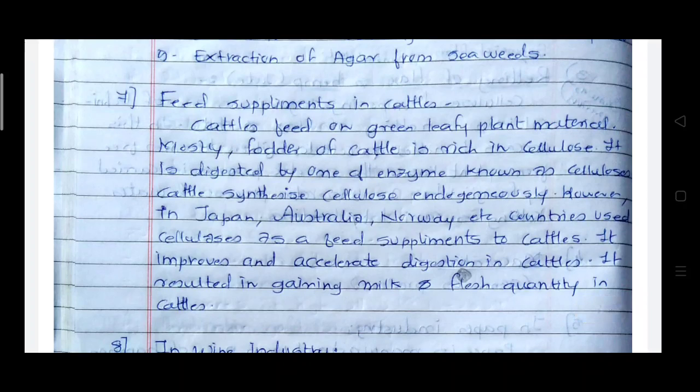So countries like Japan, Australia, or Norway provide food supplements of cellulase, which is ultimately helpful in the digestion of the cattle, and it results in gaining milk and also flesh quantity of the cattle.